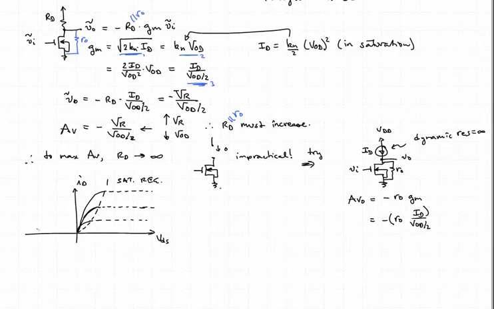And I'm going to exaggerate it here. So the actual curve looks like this. Okay, and all of those curves cross back here or intersect the x-axis at a voltage of minus VA, where VA is the Early voltage. It's called the Early voltage.